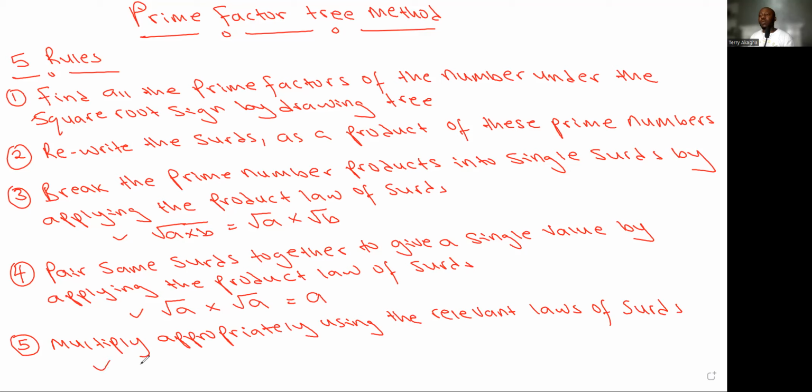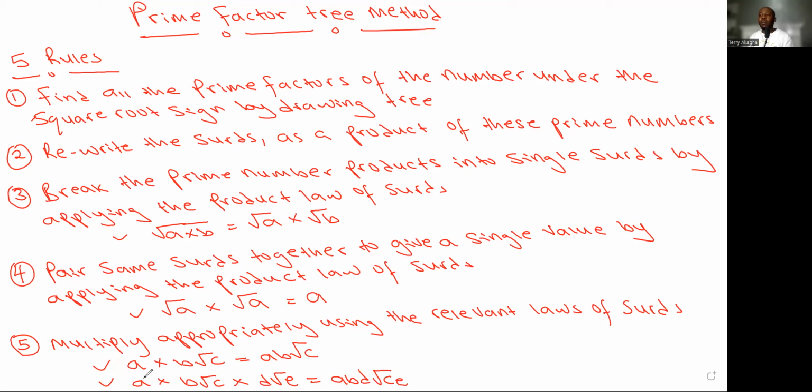For example, you have something like A times B root C is equal to AB root C. You can also have something like A times B root C times D root E, and that will give us ABD root CE.